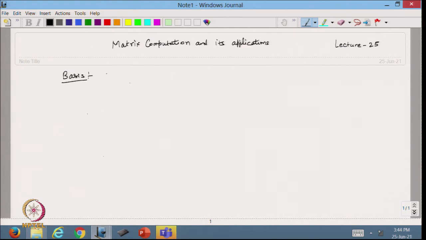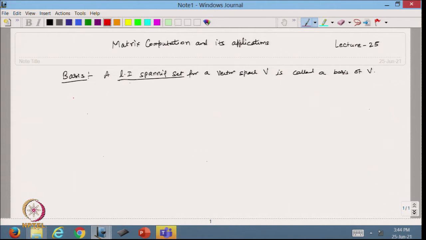As we already know, a linearly independent spanning set for a vector space V is called a basis of the vector space V. So, it is the linearly independent spanning set. It should be linearly independent and it should be a spanning set also. So, that definition we already know.